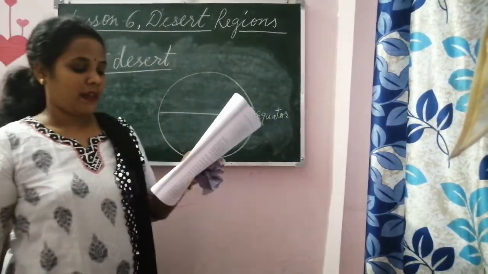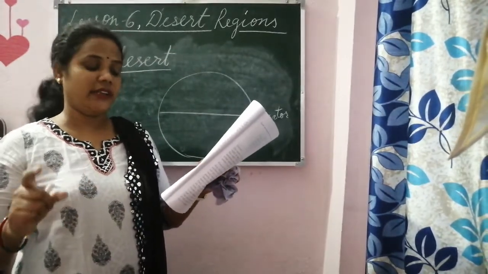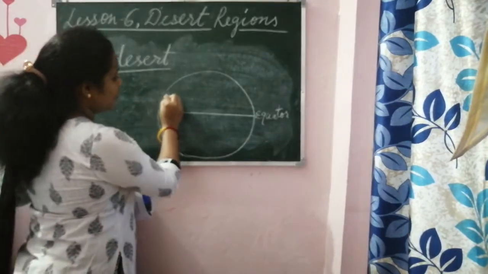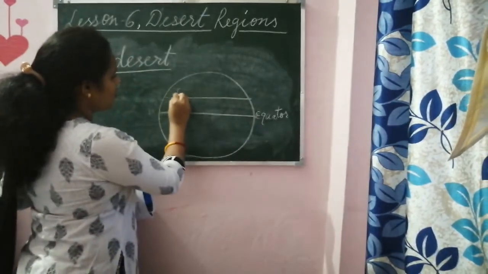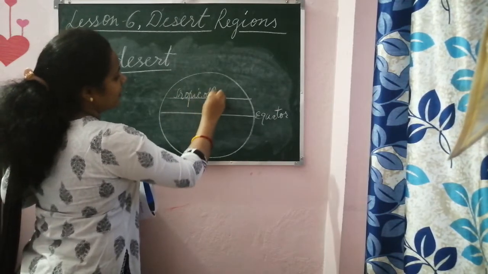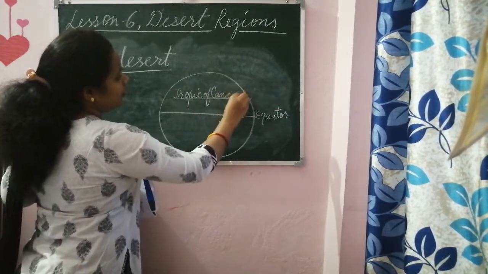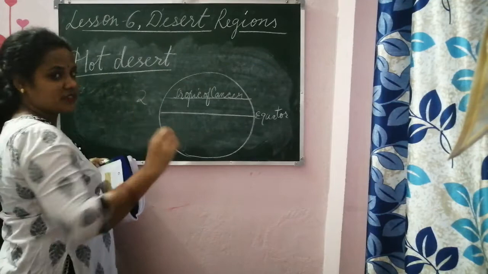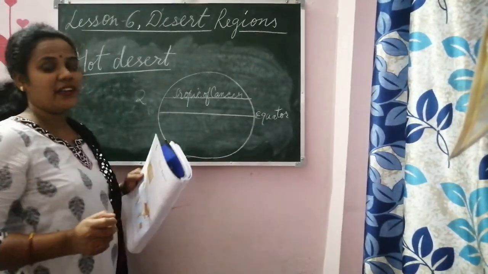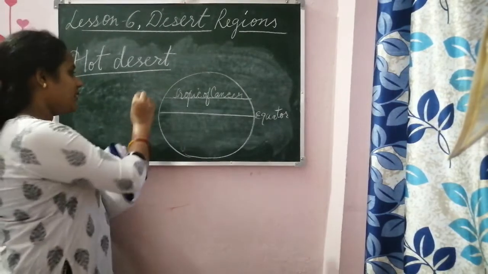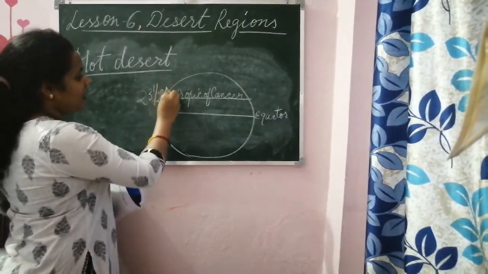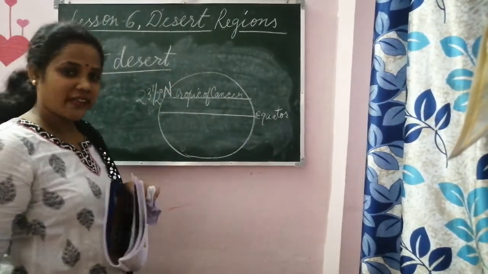Okay. About 15 to 30 degrees near the Tropic of Cancer. So when you count here you have the Tropic of Cancer. You know what degree it is? We learned it just in the previous chapter. Tropic of Cancer is at what degree? 23.5 degrees north. Alright.